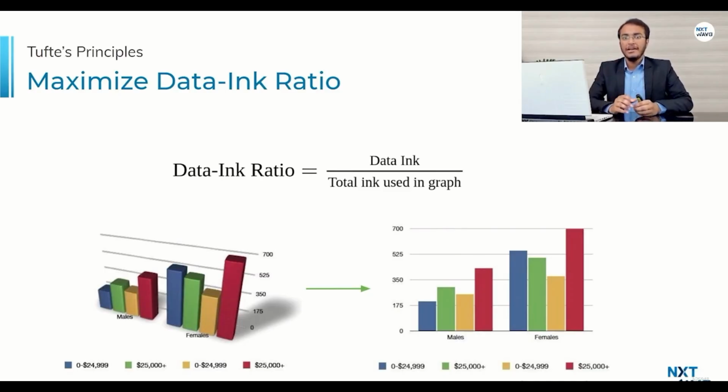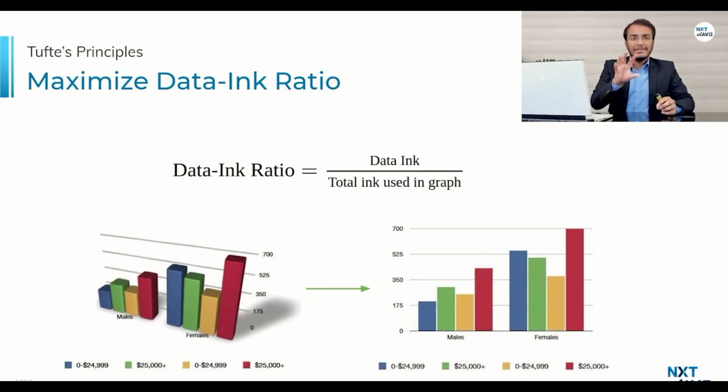On the right side, the corresponding data is represented in a nice graph. The same data on the left side, we have made with some 3D looking bars for the bar chart, and then there are shadows falling behind each of these bars. These are the additional effects that we are creating, and the extra ink that we use to create these effects is not representing the data, it is additional ink.